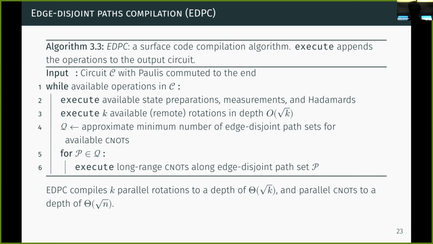Then we're going to execute the k available rotations in depth at most square root k, as we saw on the previous slide, which gives us the order square root k performance for parallel rotations. And finally, we're going to execute the long-range CNOT operations in our circuit by using this approximation algorithm for maximizing the number of edge disjoint paths given this set of CNOTs.